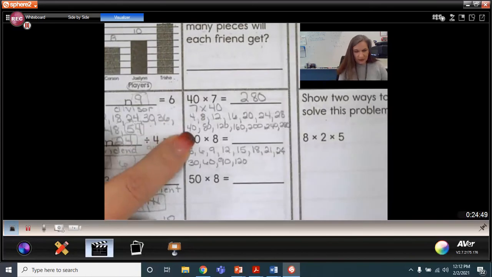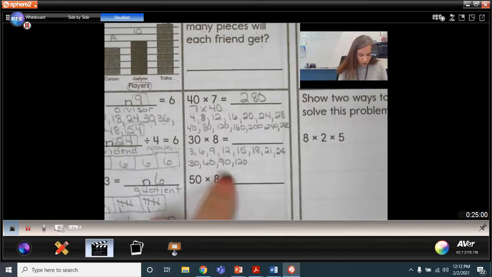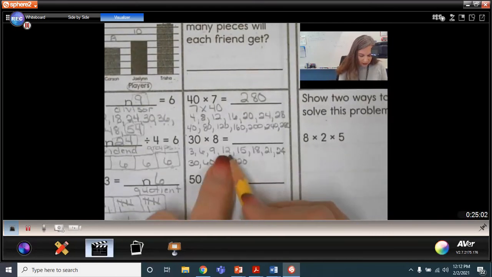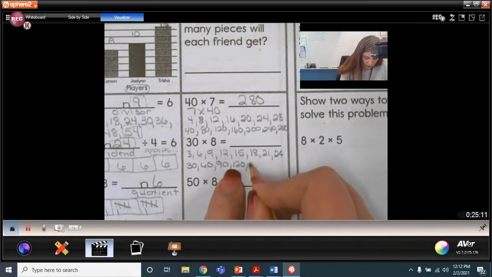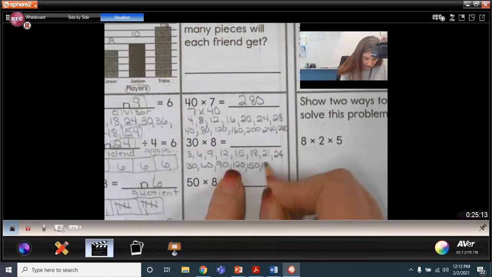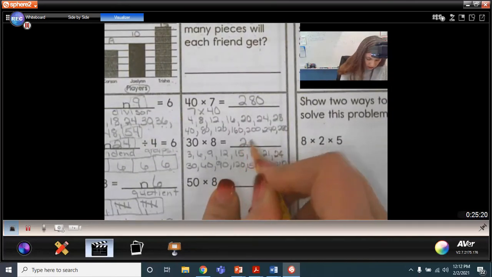Notice I don't have anything in my ones place here, so that ones place is going to be 0 every time, because I don't care how many times I add 0 in my ones place, it's still going to be 0. So you'll notice that these digits right here are shifting over, 10 times what they were before. So this would be 150, 180, 210, and finally 240. Hopefully this is making sense to you.